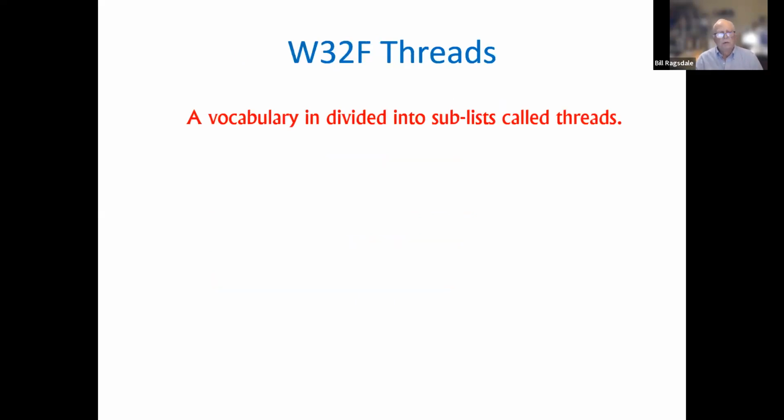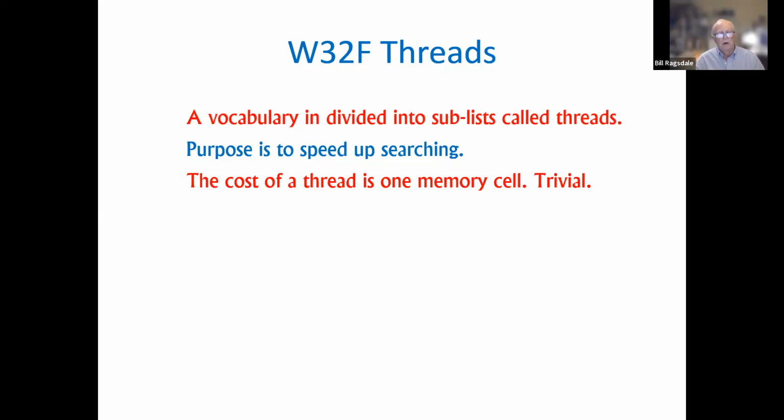Within Win32 the vocabularies are divided into sublists called threads. This is done to improve the search speed. If you have a vocabulary segmented into 11 threads, it means when a search is done, it will proceed 11 times faster than if there was only one thread. The cost of a thread is only 1 memory cell.